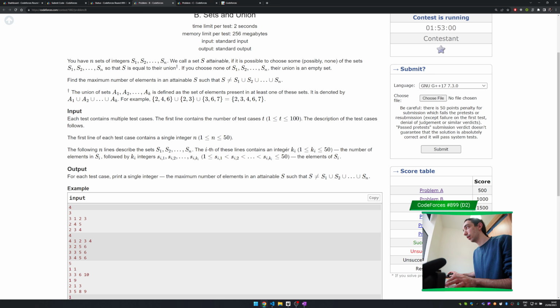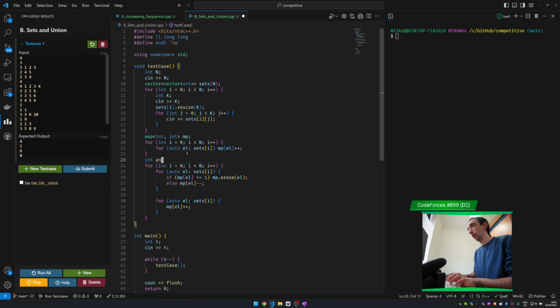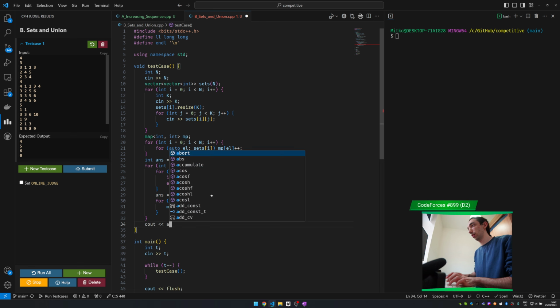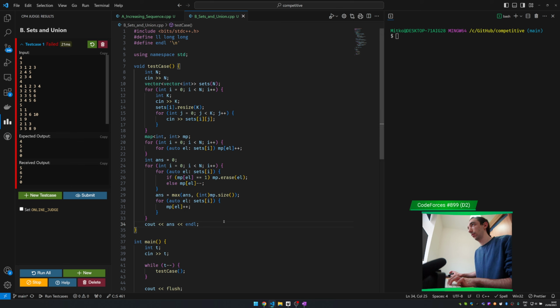Are they all distinct? Yeah. Okay, and then the answer. So for this set, I delete all of the elements that are inside the map and then add them again.